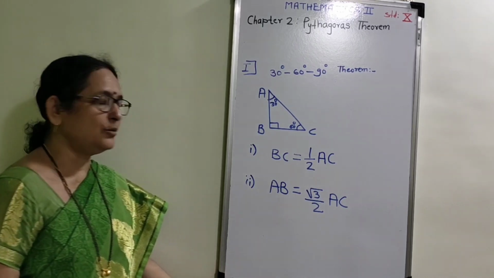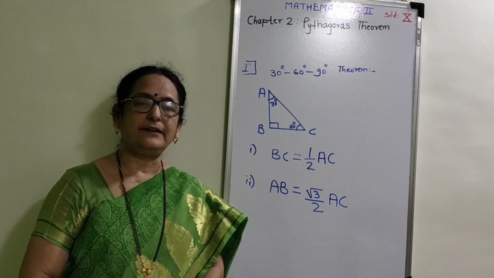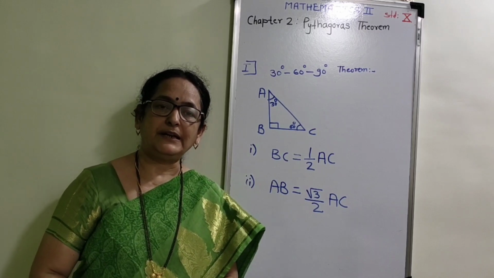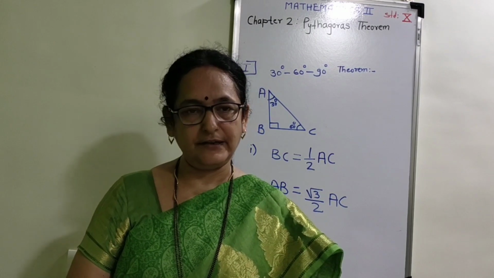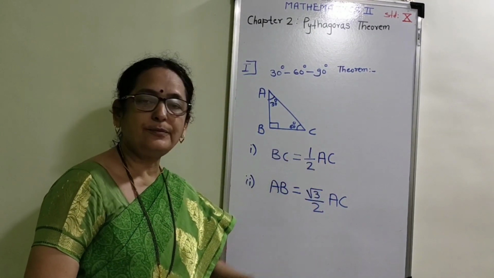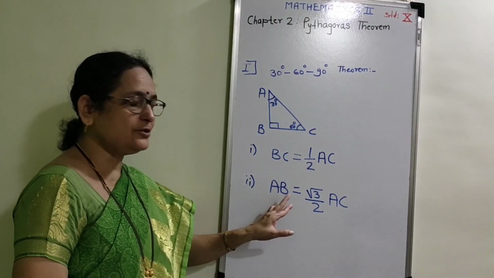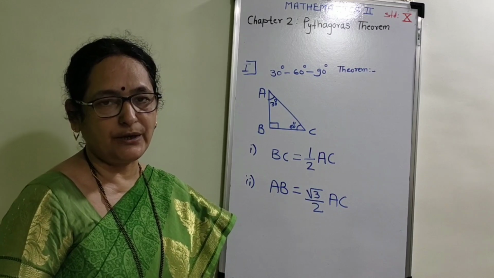Now these are the most important conclusions of the 30, 60, 90 degree theorem, that when the right angle triangle is of the type 30, 60, 90, the side opposite to 30 degree is half of the hypotenuse and the side opposite to 60 degree is root 3 upon 2 times the hypotenuse.